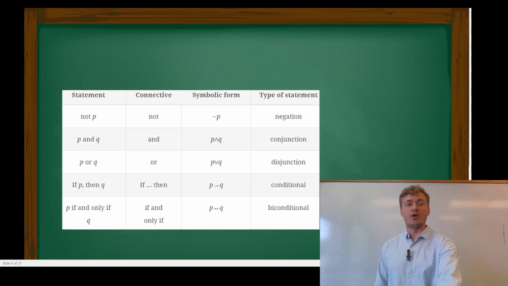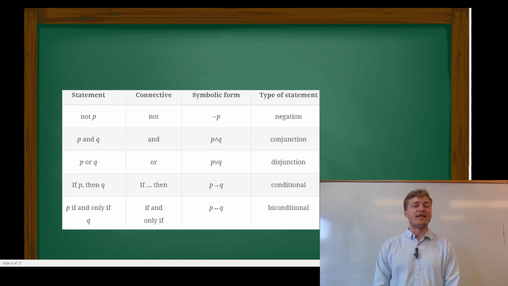For example, to negate a statement, we will use the notation that looks like an italicized squiggly line. That is the type of statement that is a negation, not P. Likewise, P and Q, to use the connective and, we will use our caret symbol that looks like a capital A without the horizontal line.